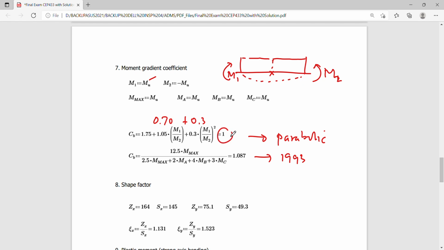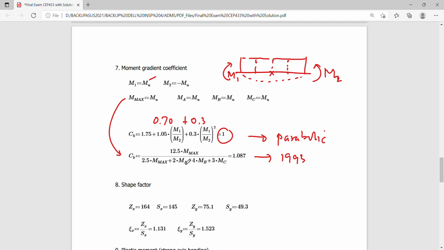So this becomes 1.0. For your 1993 formula, we'll be using the values of Mmax, Ma, Mb, and Mc, which are of course the quarter and midpoint values here. So this is now the quarter point value, which is still the same as M1 and M2. So this is just equal to Mu, and Ma, therefore, Mb and Mc and Mmax are just the same.